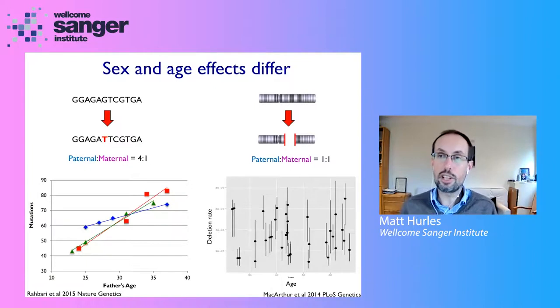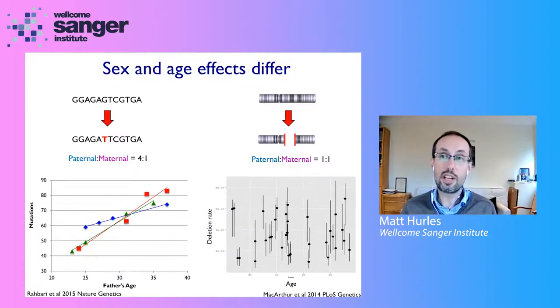And now that we can do the experiment of sequencing the entire genome of children and comparing it to their parents, we can see that that holds true. So about 75 to 80% of the time, if we see a new mutation in a child, it's come from the father. And only about 20 to 25% of the time has it come from the mother.